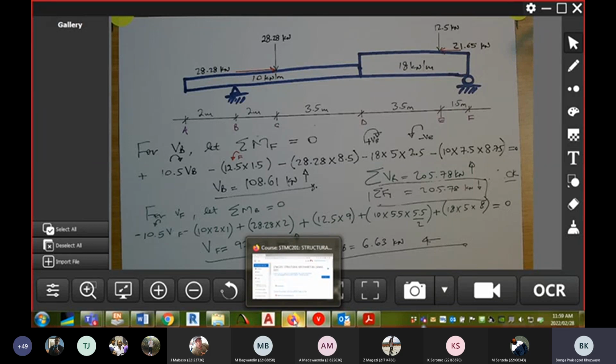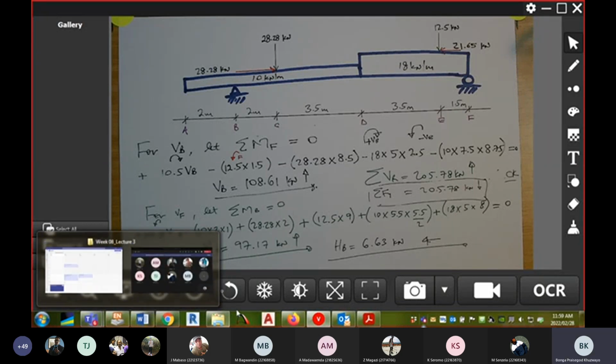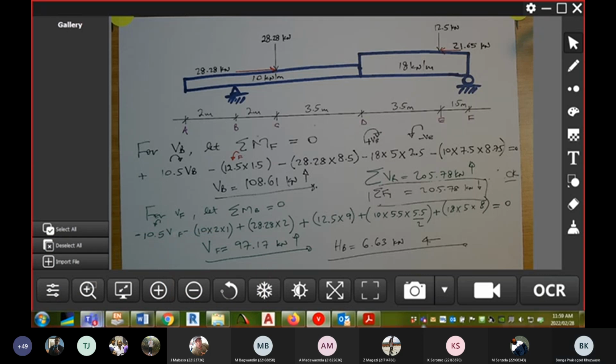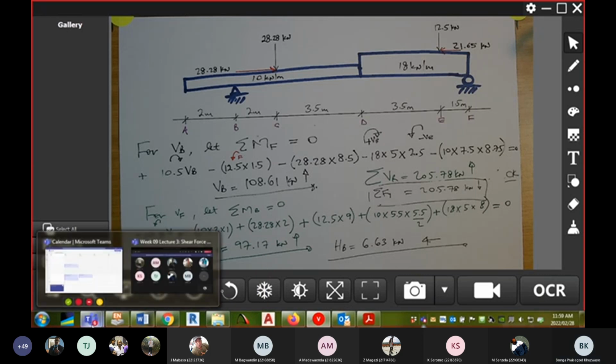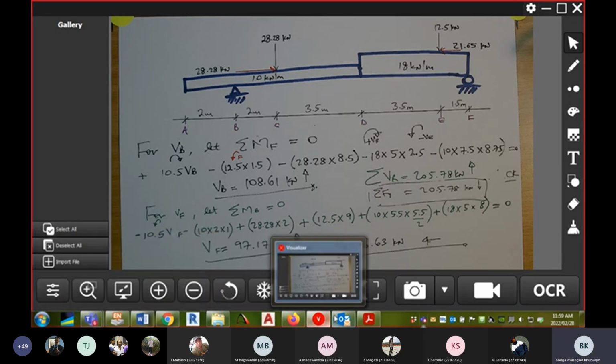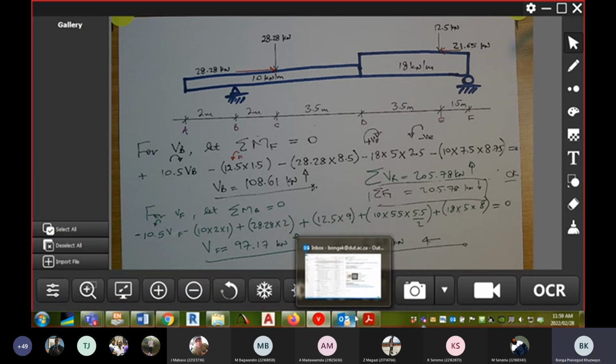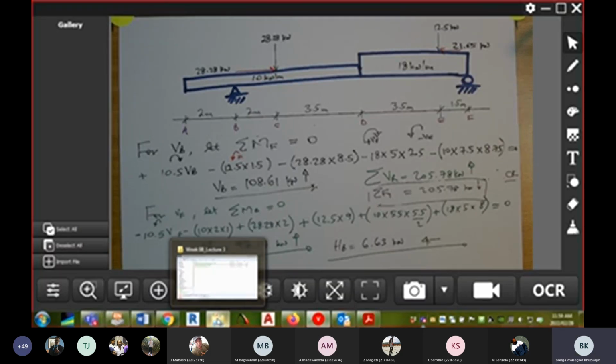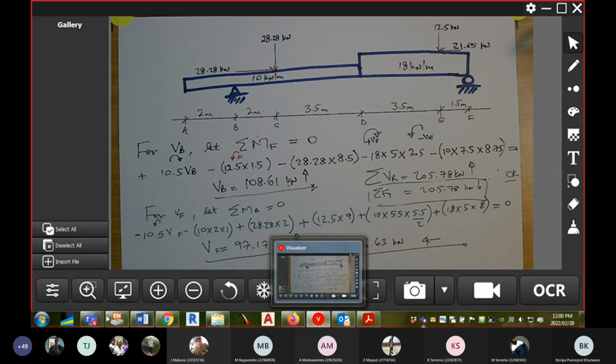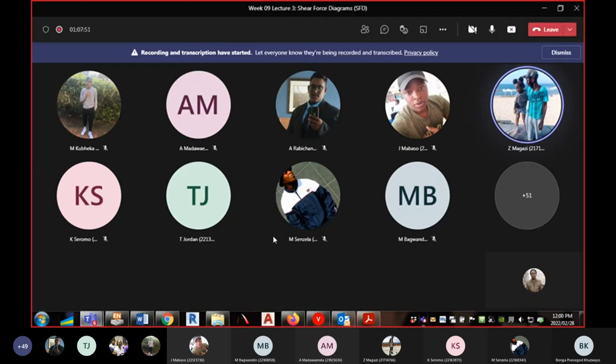So we need to move on to shear force diagram. Before we proceed, I need to ask you something. Have you discussed with your lecturers, for those of you that have practicals, when you're going to come to campus to do the practicals? Because I need to determine how I can issue the textbook to you. No, sir.